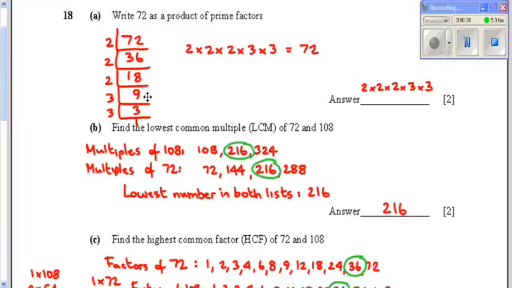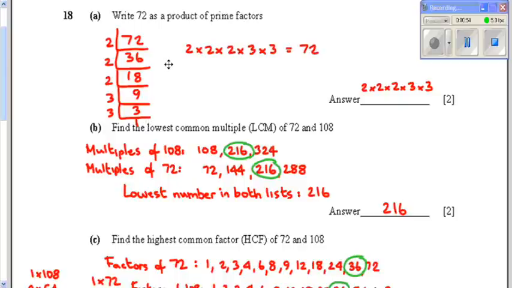Now of course we can't divide by 2 anymore, so we try the next highest prime number, which is 3. 3 divides into 9, we get the answer 3. And divide by 3 again. 3 into 3 goes once, and whenever we get down to 1, that's the question finished.